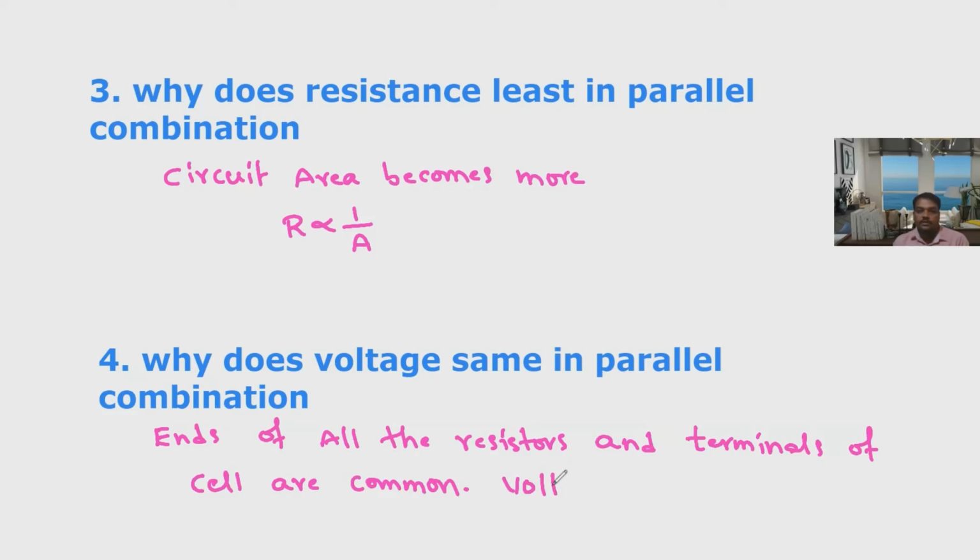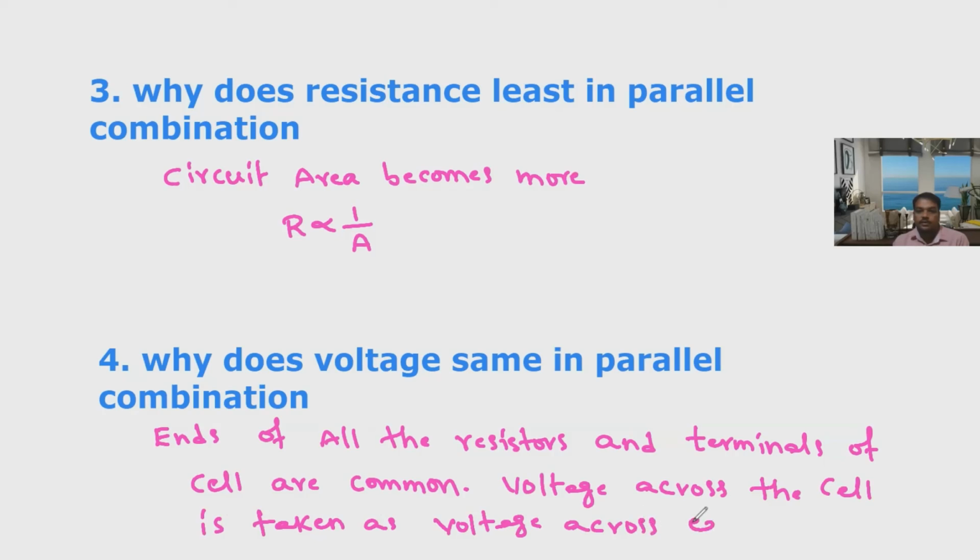Voltage across the cell is taken as the voltage across each resistor.